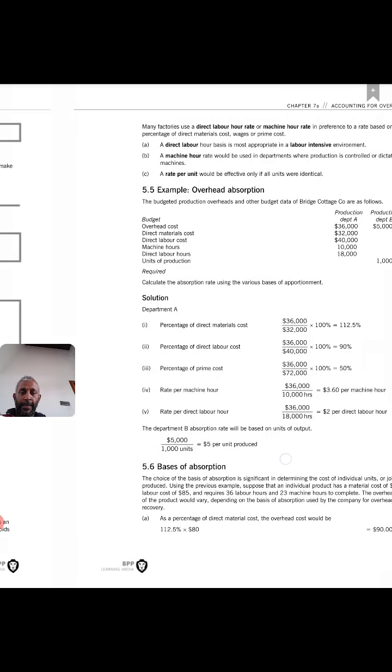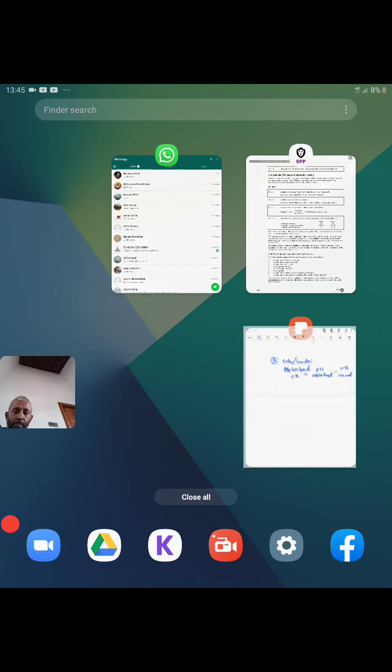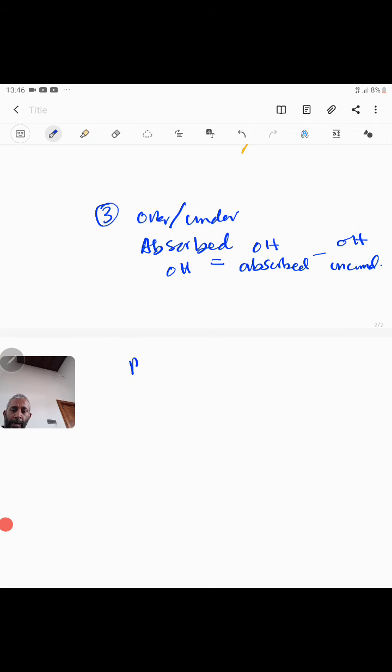The example is saying that the budgeted overhead is 50,000 and the budgeted activity is direct labor hours.